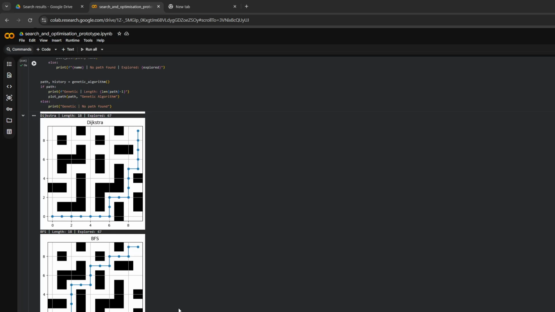So you want to be using these deterministic algorithms for structured environments where optimization is required, with A-star being the best overall.